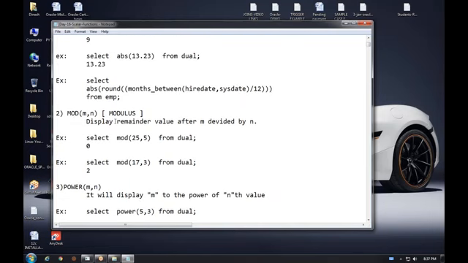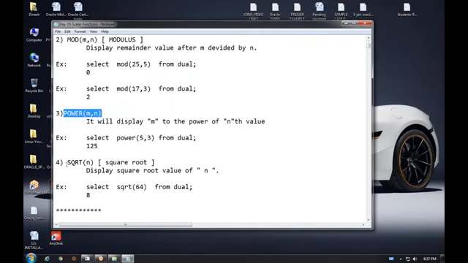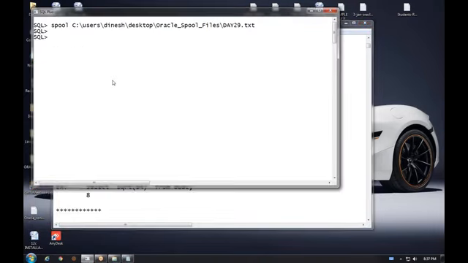So here, select ABS of minus 25 from Julian. It is converting the negative value into a positive value. Suppose 35 minus 25.